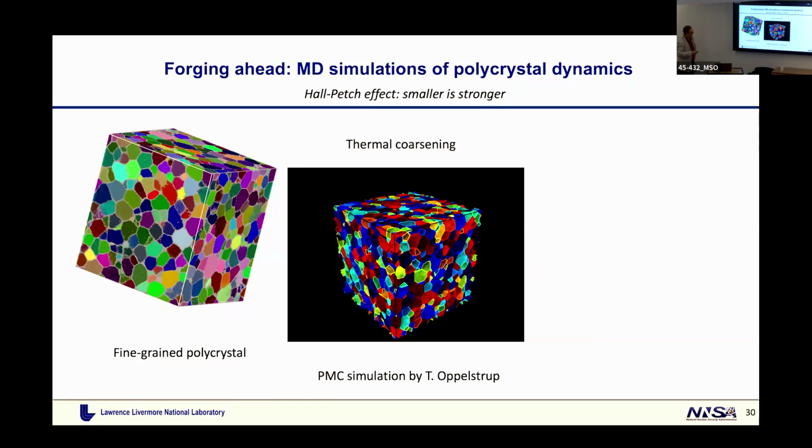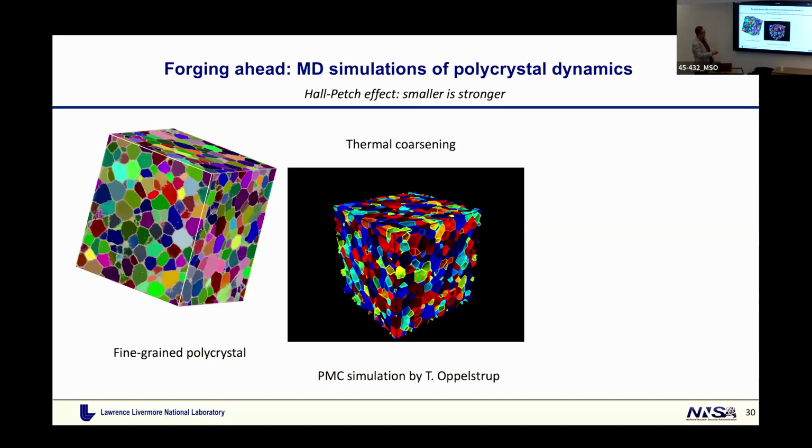Okay, we go ahead and now become very interested in polycrystal plasticity. There is the famous Hall-Petch effect: if the grains are smaller, then the polycrystal tends to be stronger.